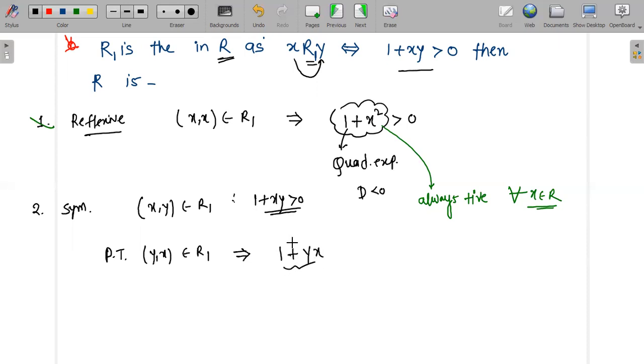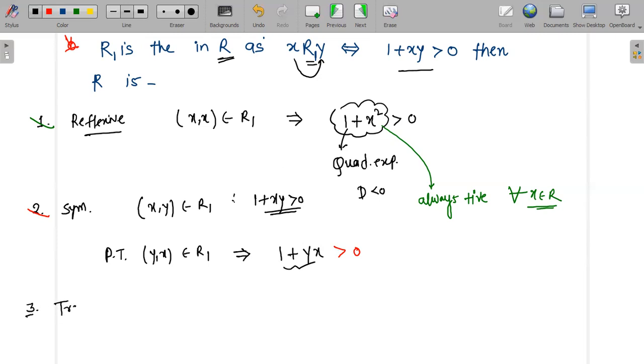Still, it is 1 plus xy, and from the given relation, the value of this expression is greater than 0. So it is obvious that if 1 plus xy is greater than 0, then 1 plus yx will be greater than 0. That will make your relation symmetric.